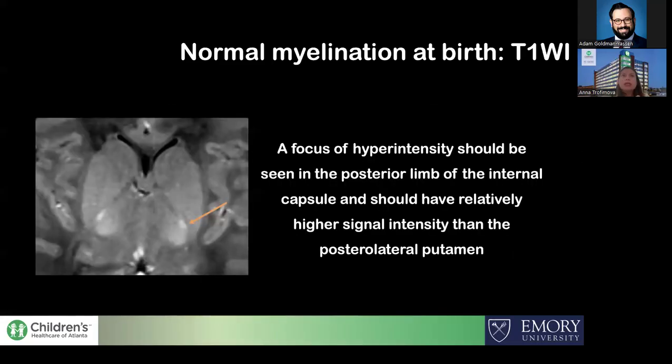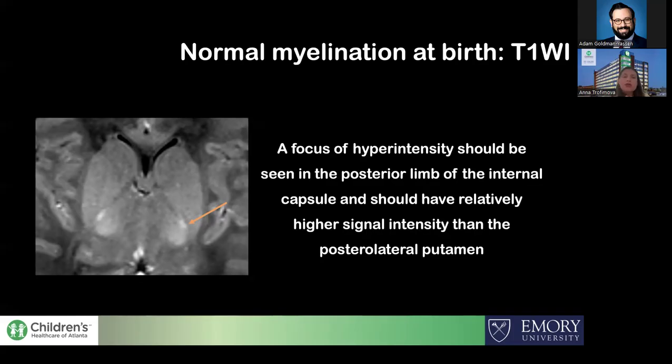Another thing I want to spend a little time on is to scrutinize the area of the basal ganglia, because this area will be really important when we talk about hypoxic ischemic injury. A couple of things here.